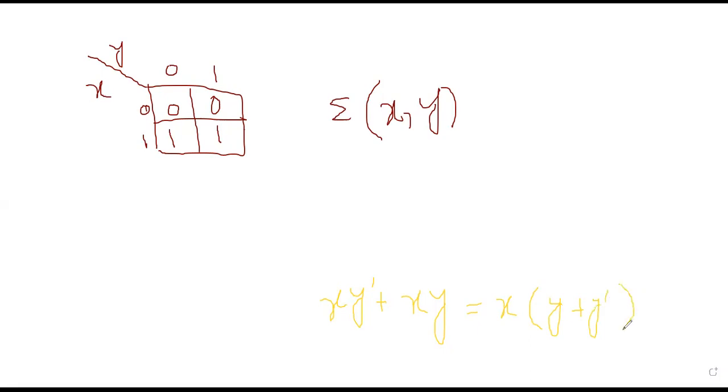This y positive and y negative will cancel with each other, it will be one, and then the answer will be x. Multiplied by 1, x multiplied by 1 equals x.